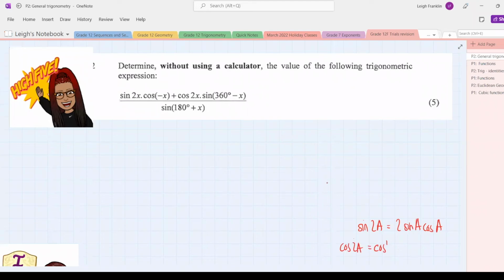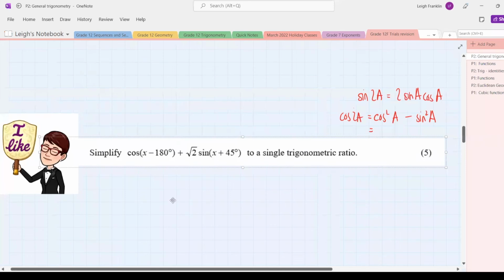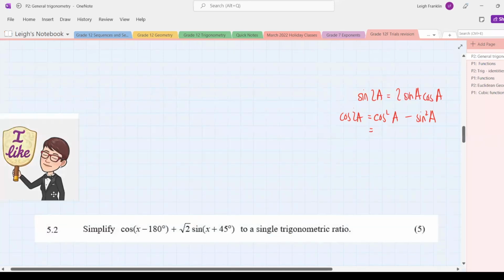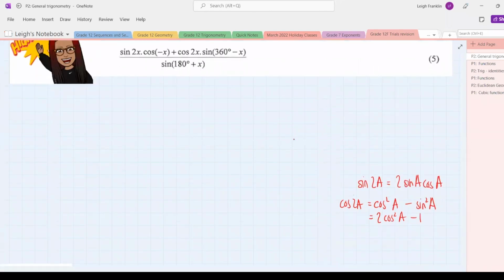Either as cos squared a minus sine squared a, or as 2 cos squared a minus 1, or as 1 minus 2 sine squared a. Those are your double angle formulae that we work with.